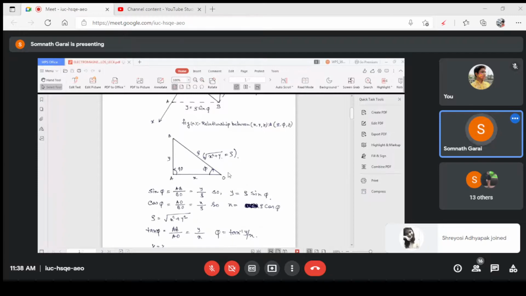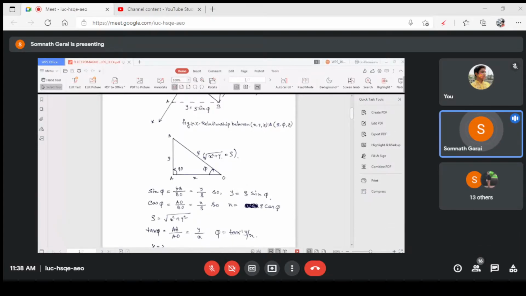The value of AB is y, and the value of BO is rho. So from this equation we get the relationship of the second coordinate y with respect to rho and phi.